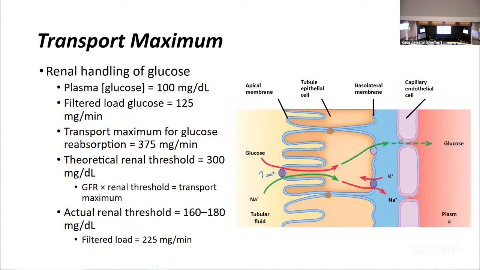Okay. So typical level of glucose in your blood, in your plasma, is 100 milligrams per deciliter. And that's the number we used as we were calculating out filtered load last time.